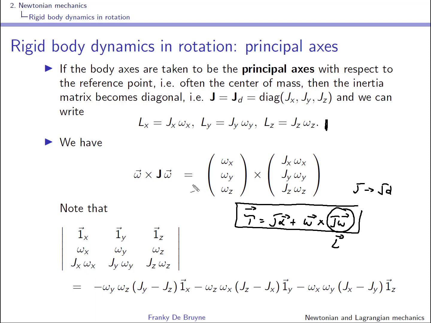Okay, so J omega becomes very simple. You can write it like this, and now you need to compute this cross product that is over here. You can do that using this determinant, and if you do the calculations, remember that you're specialists in calculating determinants, you obtain the following equation, and it has components in x, y, and z.